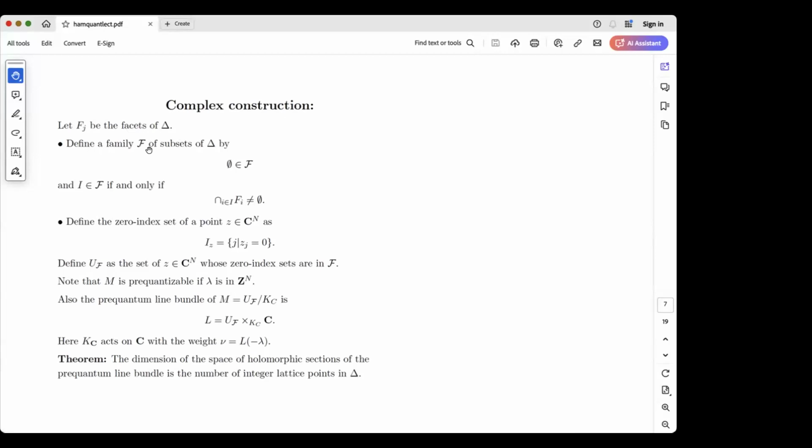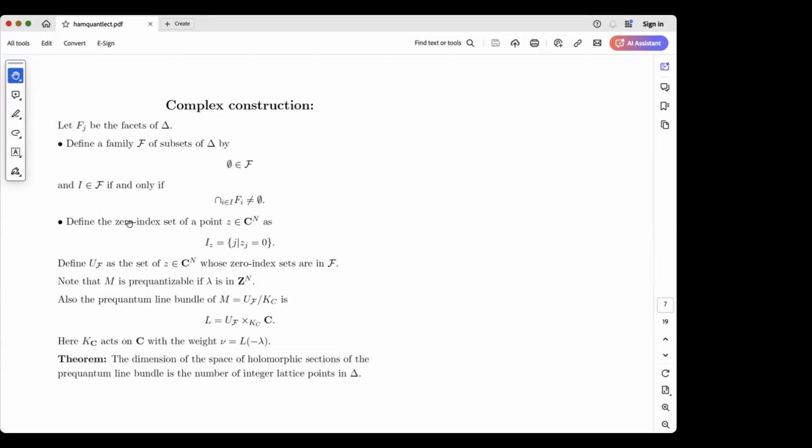So we define a family script F of subsets of delta by: the empty set is in script F, and also capital I is in script F if and only if the intersection of the facets F sub I corresponding to the indexing set, so little i is in the indexing set I, should be non-empty.